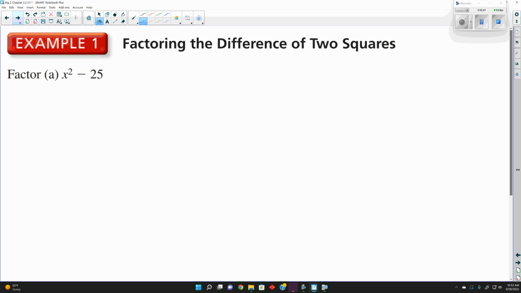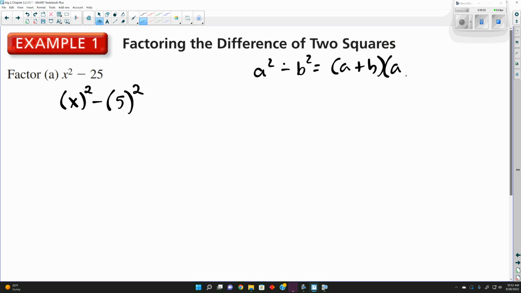So one way we can look at this is x squared minus 5 squared. Because this is just matching it up with the form a squared minus b squared is our a plus b times a minus b. This is just the definition of it.